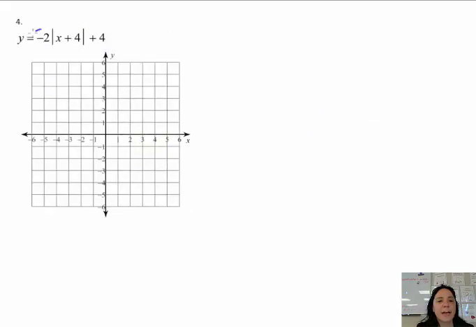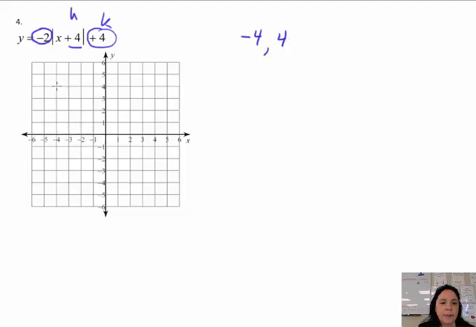Our last problem is going to have reflection as well as vertical stretch, but first we need to plot our vertex. So we're going to have an h of -4, because x minus -4 would give us x plus 4 when we simplify, and a k of +4, because we have +4 here on the end.